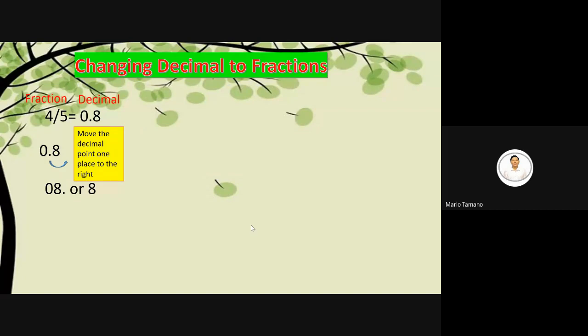Okay? At pwede na rin po tanggalin yung 0. So bakit po nawala yung decimal dun, sir? Kasi nga wala na rin namang number sa right side nito. Okay po? So 8.0 is the same as 8. Naintindihan?